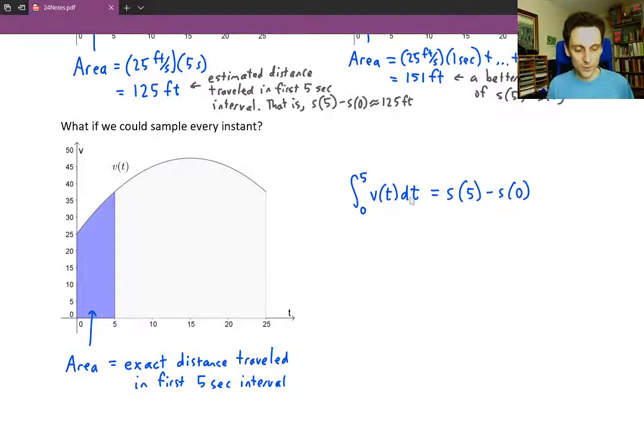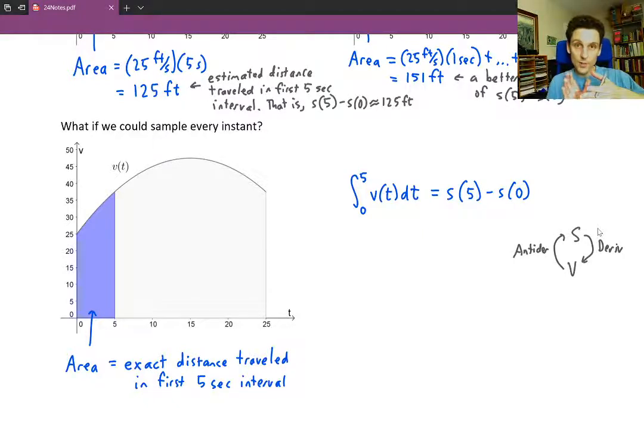And this is what will give you a really good intuitive understanding of where the antiderivative now comes into play. Notice that the integral of this velocity function is equal to something involving the antiderivative, right? The antiderivative of velocity is position. So if we have the velocity function and we take an antiderivative, we get the position function, just like if you take the derivative of the position function, you get velocity.